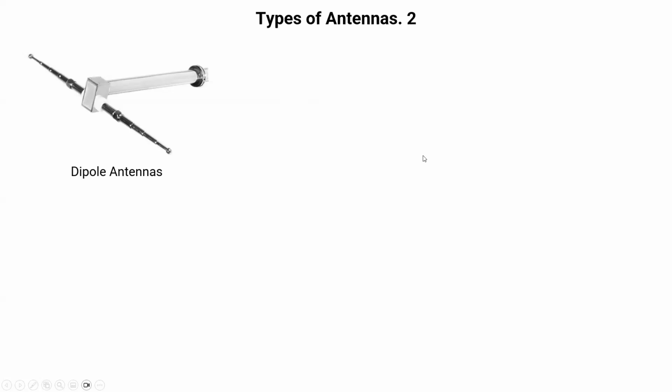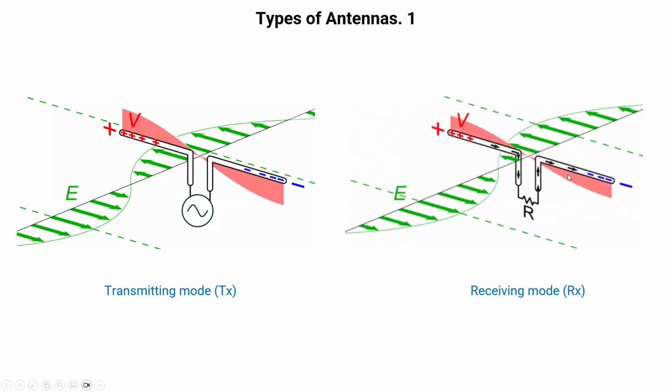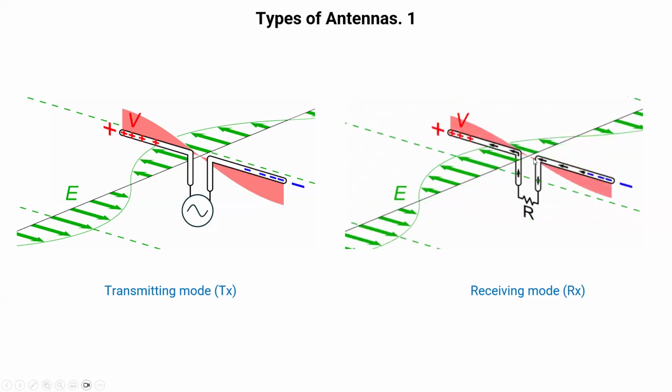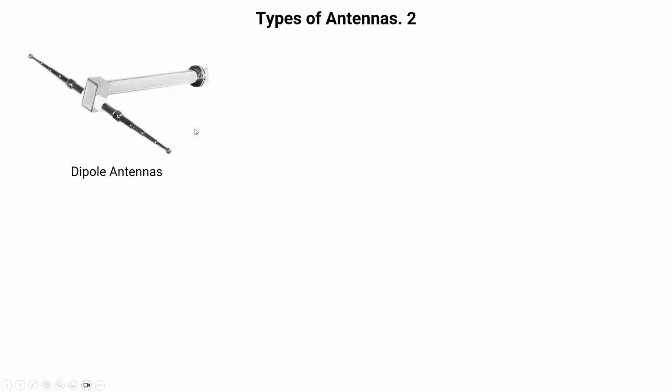So, another classification of antennas is by their operation principle. The simplest antenna, like shown here, is the dipole, because it has two wires that are sufficiently short. A realistic dipole antenna is shown here.